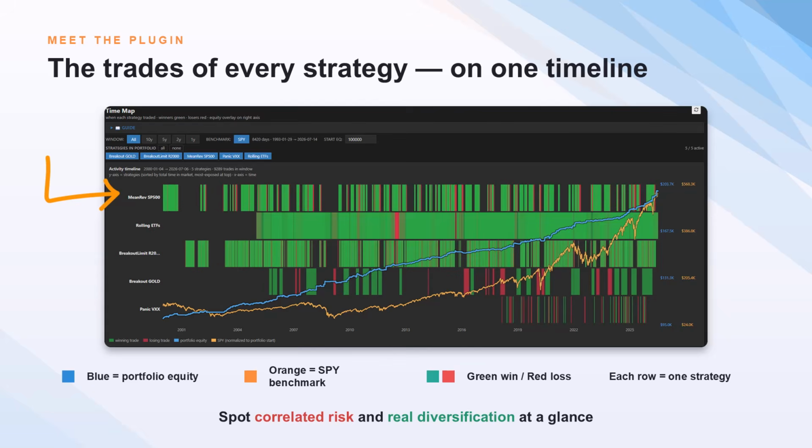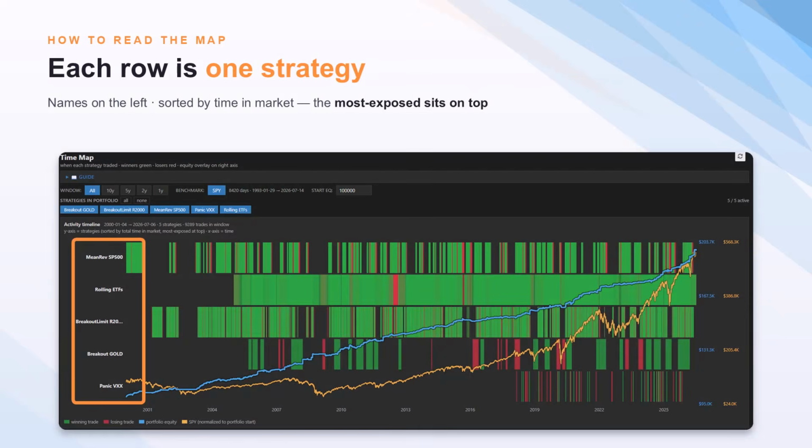The plugin takes the trades from all your strategies and displays them as a clear timeline instead of a tangled collection of equity curves. Each row represents one strategy. The strategy names are shown on the left with the timeline along the bottom.